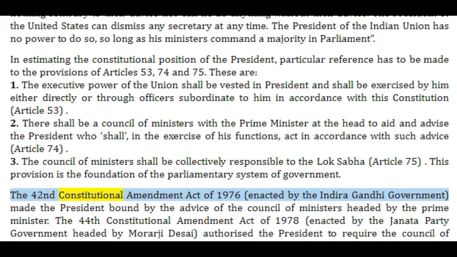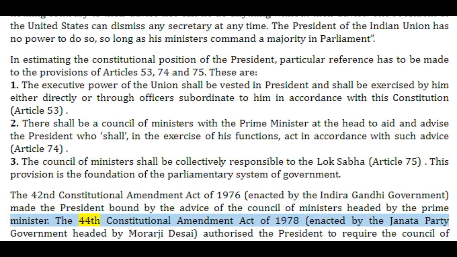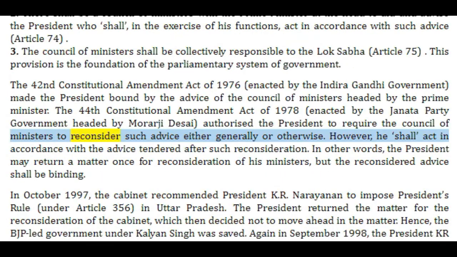The 42nd Constitutional Amendment Act of 1976, enacted by the Indira Gandhi government, made the President bound by the advice of the Council of Ministers headed by the Prime Minister. The 44th Constitutional Amendment Act of 1978, enacted by the Janata Party government headed by Morarji Desai, authorized the President to require the Council of Ministers to reconsider such advice either generally or otherwise.